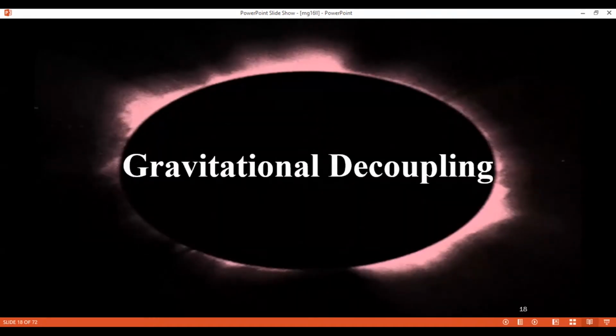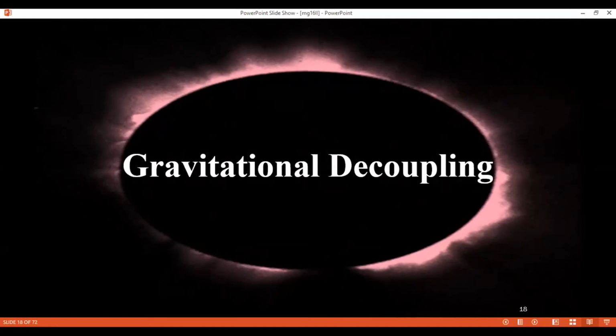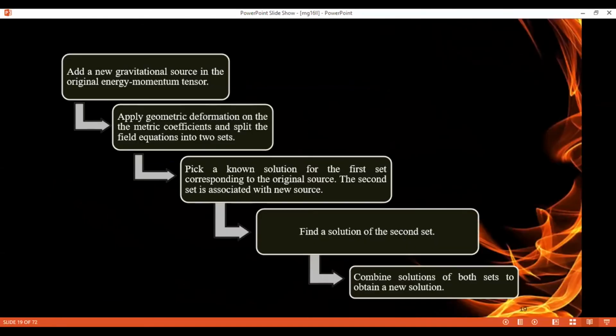Now I'm going to discuss the exact solutions through the decoupling technique. This technique can be summarized in these steps. We add a new gravitational source in the original energy momentum tensor. Then we apply a geometric deformation on the metric coefficients and split the field equations into two sets.